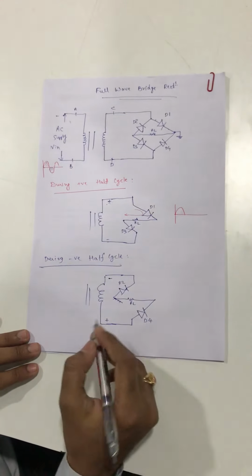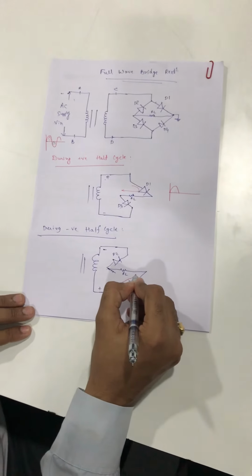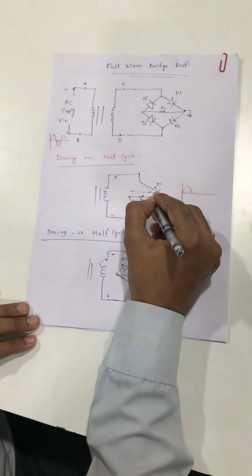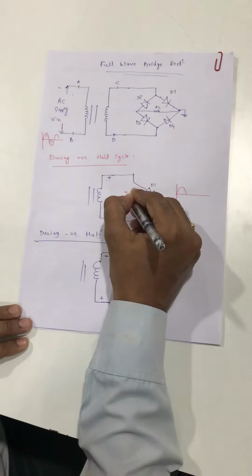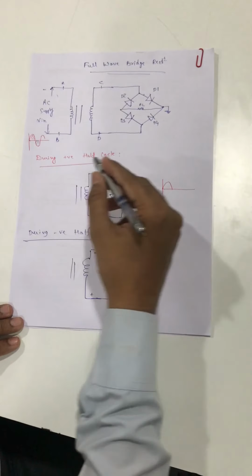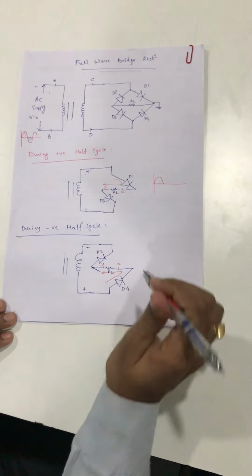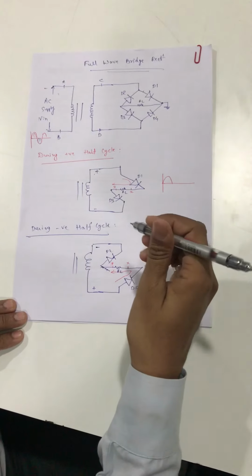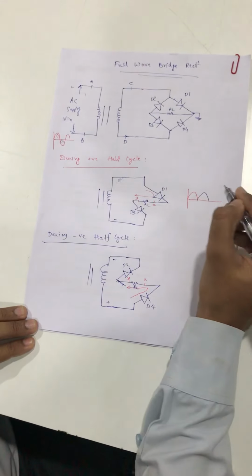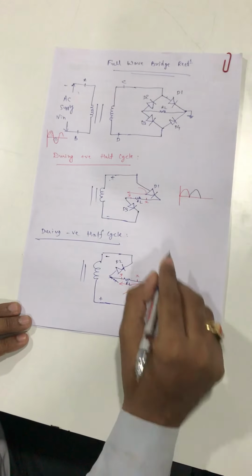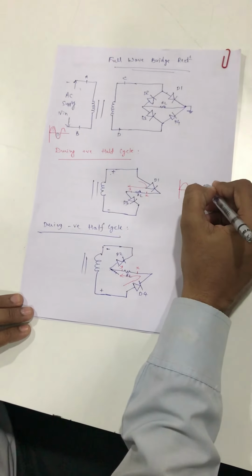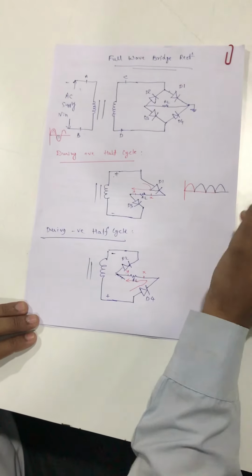Here, if you check the current direction, it would be the same as in the previous case. Let's name this terminal X and this terminal Y. Here also this terminal is X and this terminal is also Y. So the current direction during the positive half cycle and the negative half cycle is the same, and during the negative half cycle the output will be the same. This goes on repeating with the next positive half cycle and negative half cycle, so you will get an output like this.